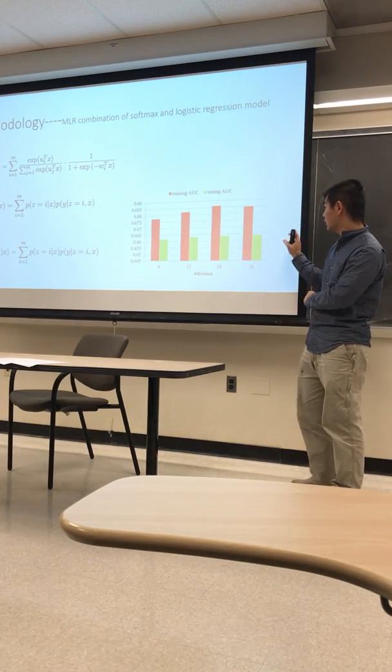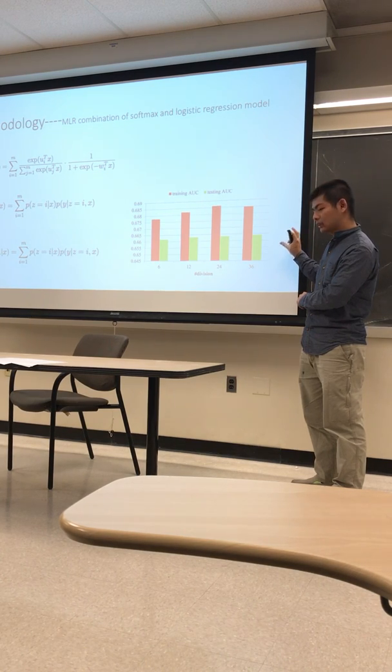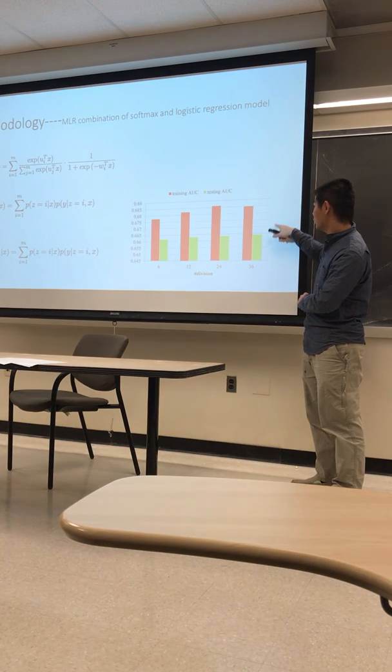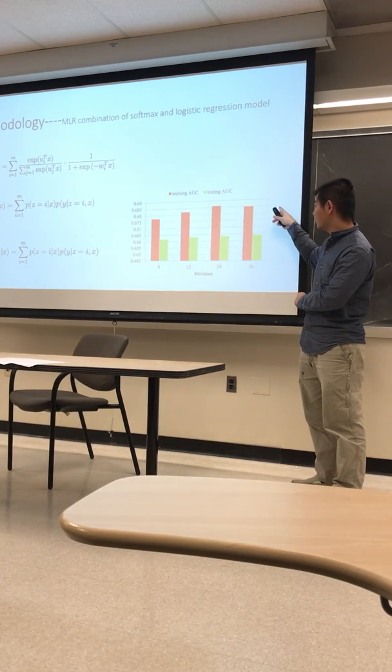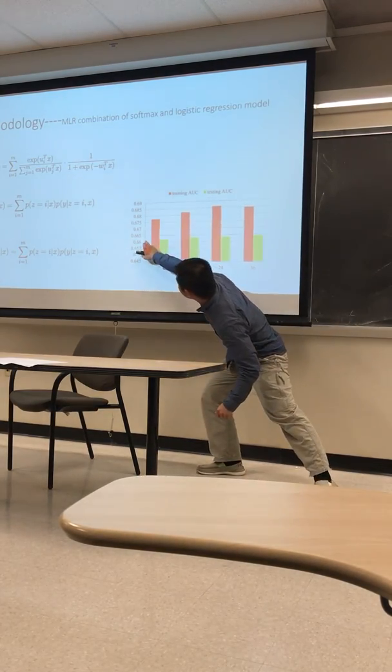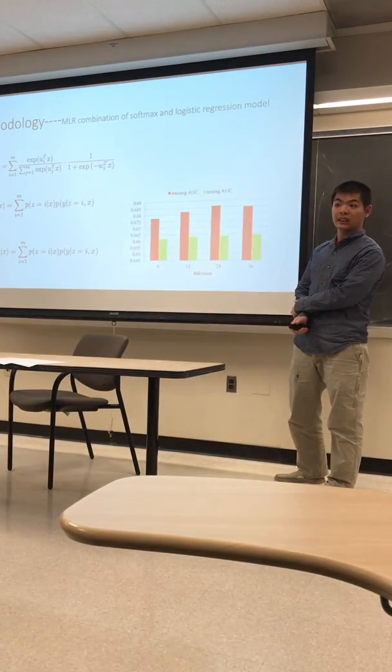So actually, although the overfitting problem seems quite large if you just look at the height of these plots, from the values it is actually quite good. From the scale, they are almost the same.